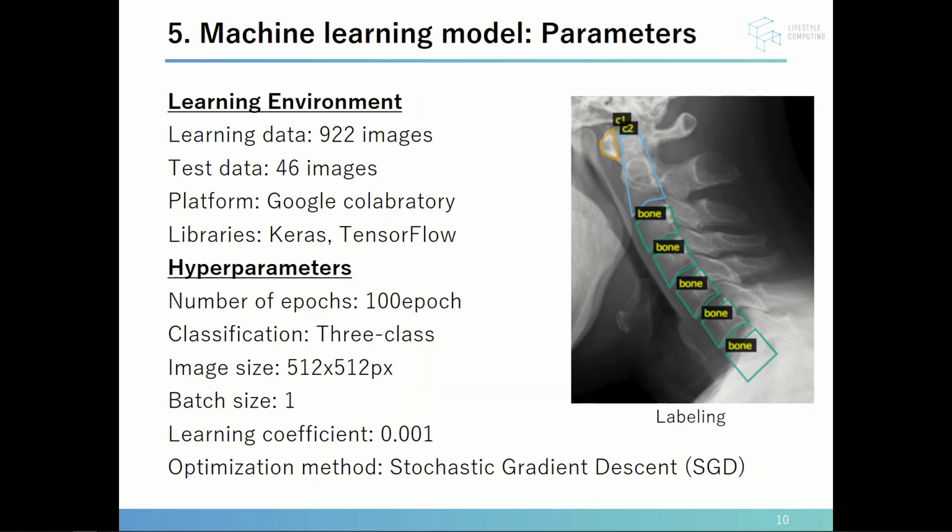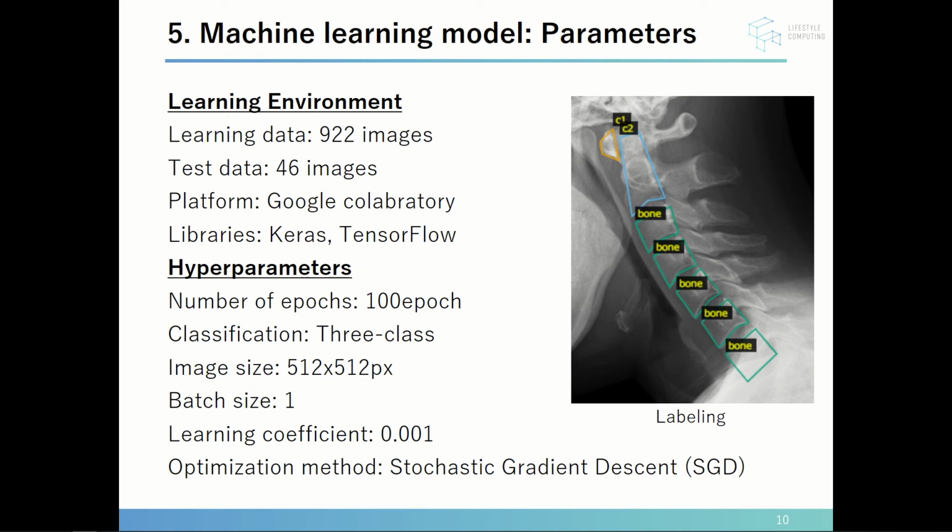The dataset used in this study consists of 968 X-ray images of cervical spine flexion and extension in 484 individuals aged between 20 and 100 years who were participants at the Department of Radiology, Tokyo Medical and Dental University Medical Hospital.